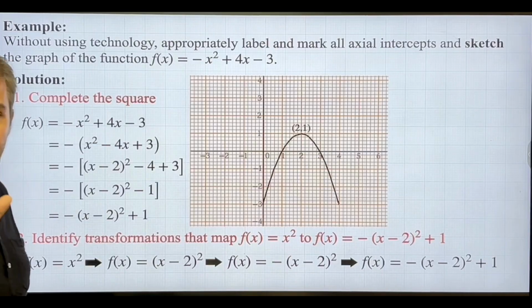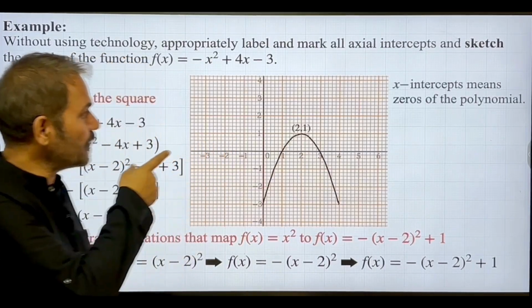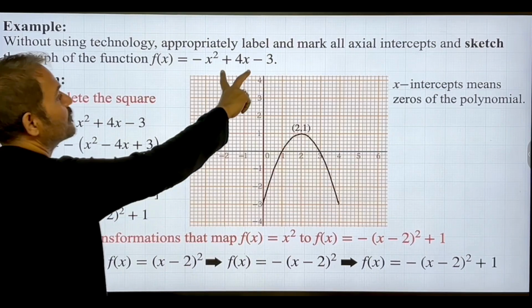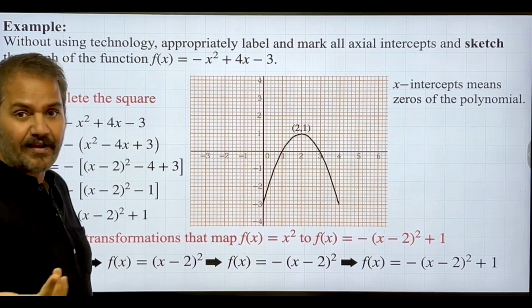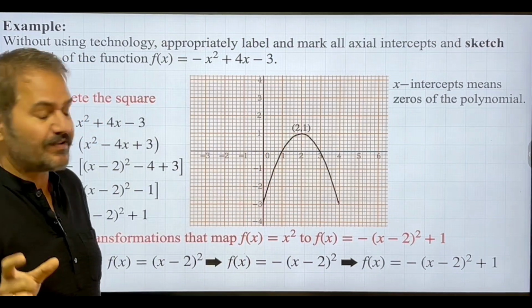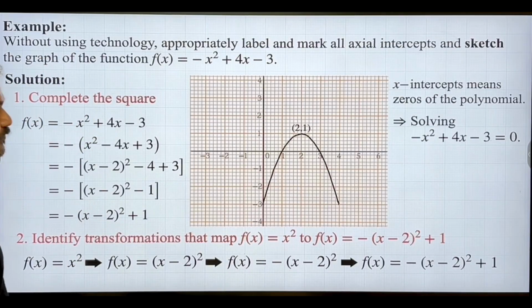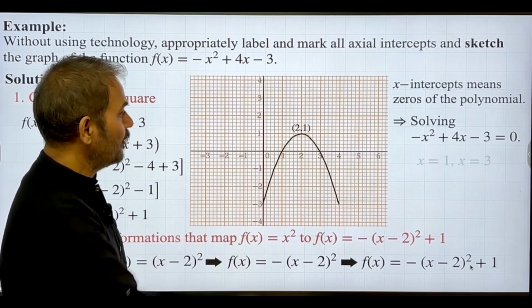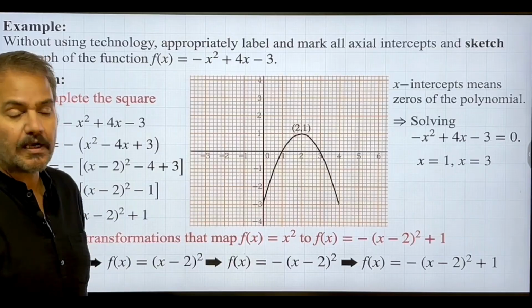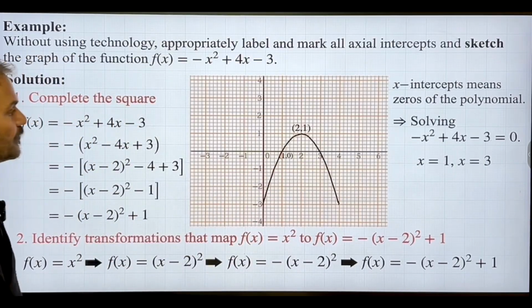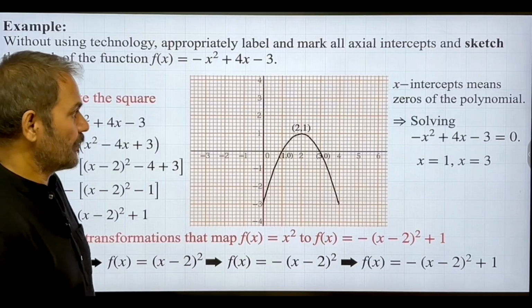Now the x-intercepts. The x-intercepts are basically the zeros of this polynomial. It means when you solve this as a quadratic equation, whatever you get will be your x-intercepts. So let's solve negative x squared plus 4x minus 3 is 0. When you solve, you get x is equal to 1 and 3. So your first x-intercept will be 1, 0 and the second will be 3, 0.